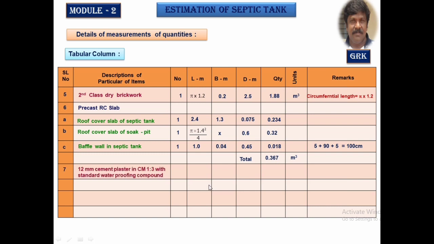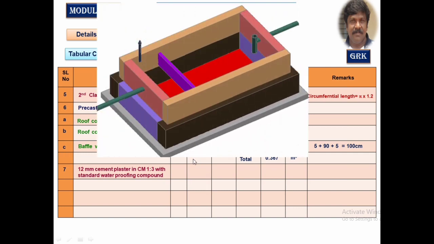The next item is the plastering, and as it is mentioned in the question paper, we have to plaster the inner side of the septic tank. Always the plastering will be done for the area, so it is length into depth. We have 2 long walls and 2 short walls.